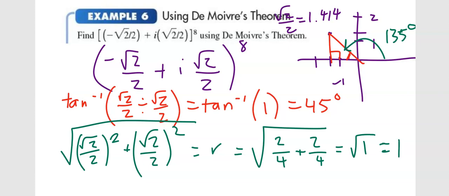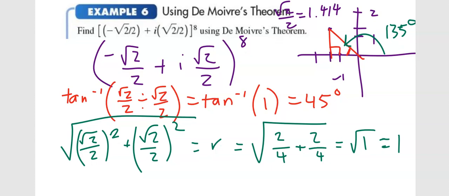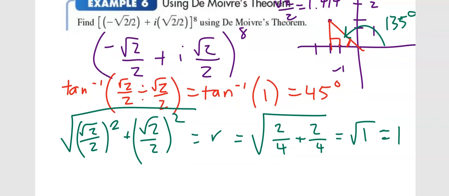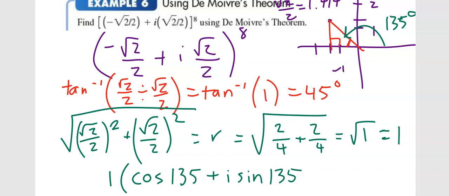That means the hypotenuse, or radius in this case, is 1. Okay, all right. So we're dealing with 1 times cosine 135 plus i sine 135. And now we're taking this thing and raising it to the 8th power.